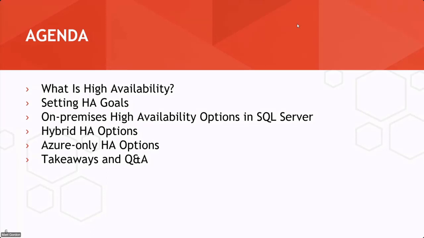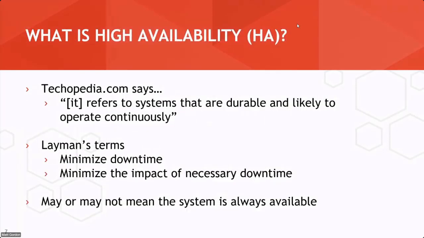So let's dive into it. What is high availability? The best, most succinct official definition that I could find is that it refers to systems that are durable, and this next part is key, and likely to operate continuously. So what this doesn't mean is it's never going to go down.